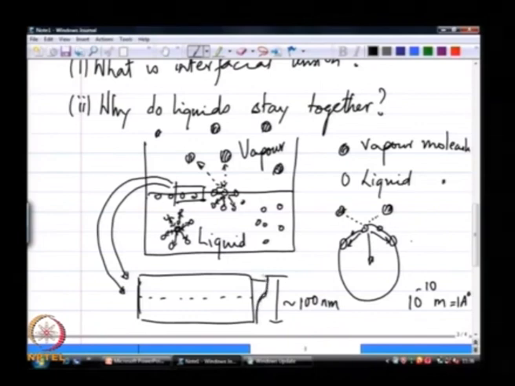So, if this is vapor fraction, which is the fraction of the water molecules that are in the vapor phase versus the fraction of the water molecules that are in the liquid phase, this is not a sharp transition like our eye would like us to believe from the macro scale observation.